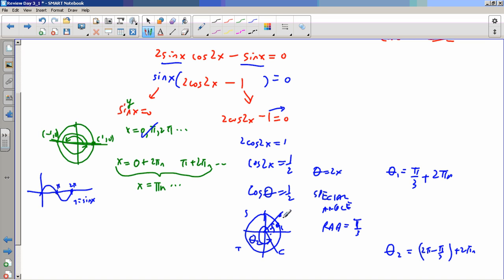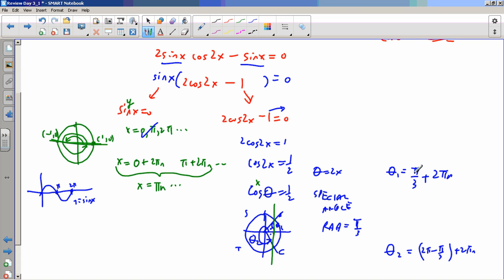That's straight from the rotation angles. I could have thought of this as the x-coordinate, where x equals a half, is right there, and where is it across the unit circle? Well, there and there, and there are my two solutions, the same as if I use the CAST rule. So dandy.